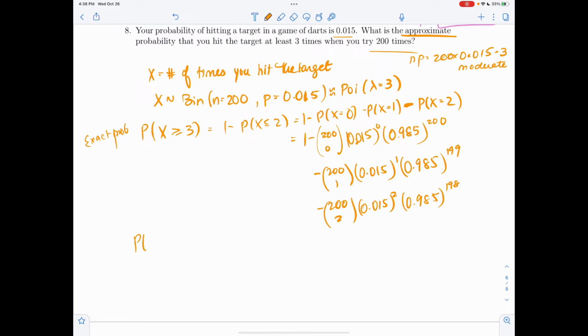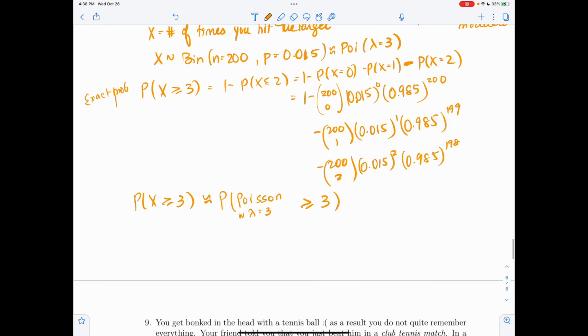All right, so the probability X bigger than or equal to 3 is approximately the probability of a Poisson random variable with lambda equals 3 bigger than or equal to 3. So that's 1 minus it being less than 3. So 1 minus e to the minus lambda, lambda to the 0 over 0 factorial minus e to the minus lambda, lambda to the 1 over 1 factorial. And that's the answer, okay?